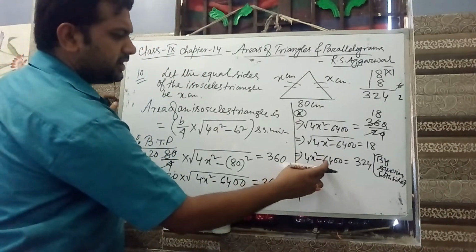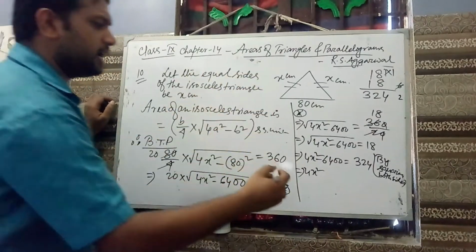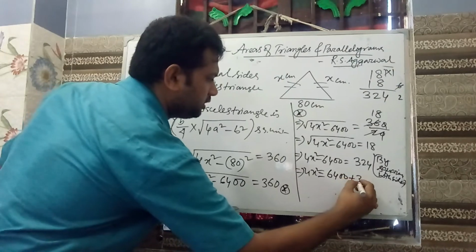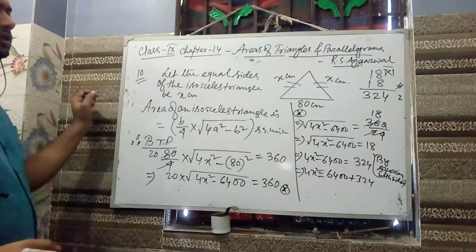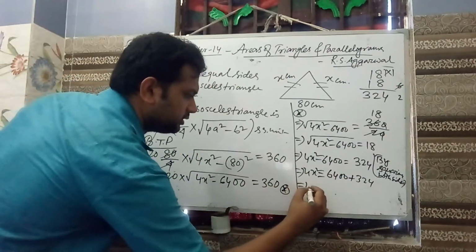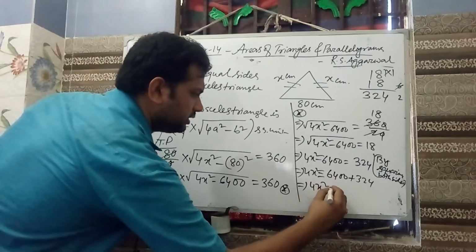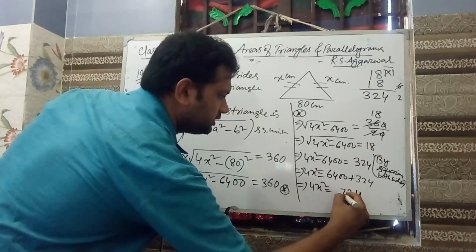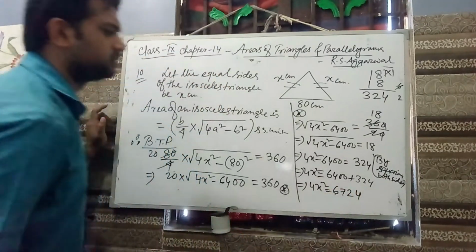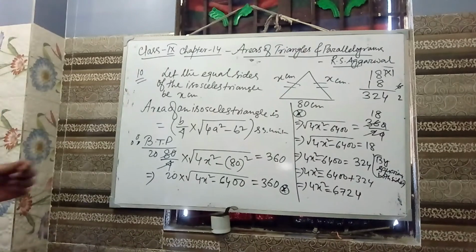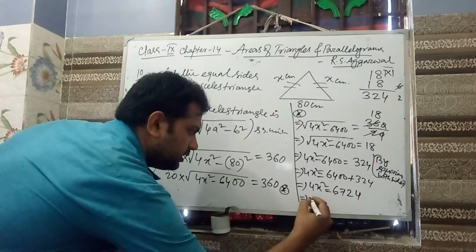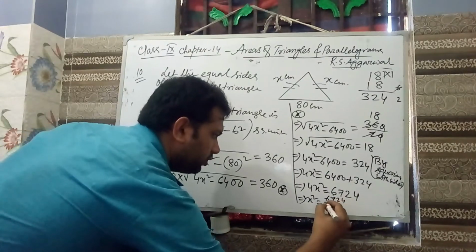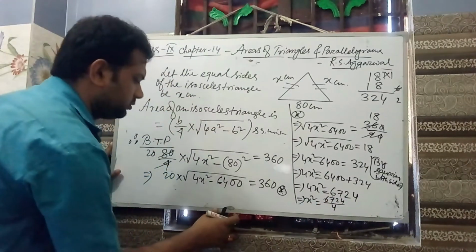If we take this minus 6400 to the right hand side, it will become plus 6400 with 324. So that implies we get 4x square is equal to 6724. Clear? That implies x square is 6724 by 4.